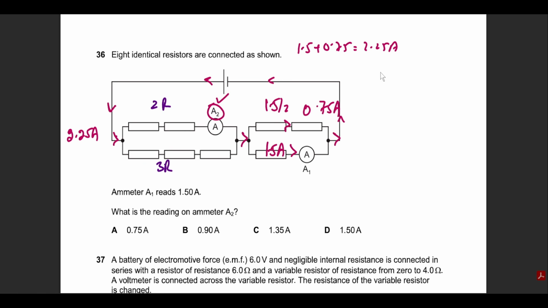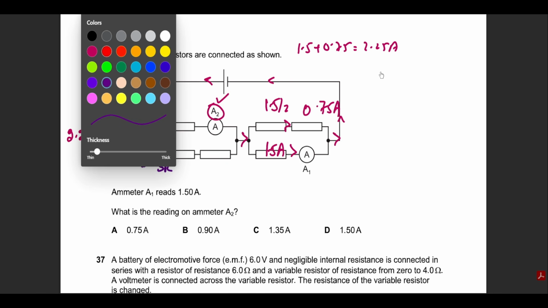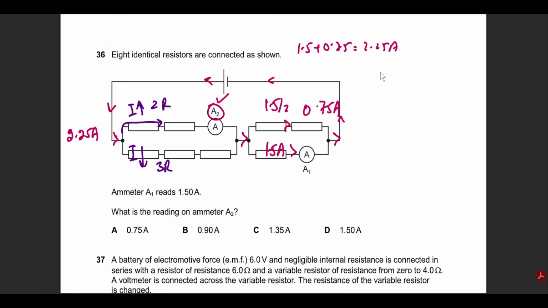I understand that this branch should have a higher current, and this branch should have a smaller current. The way we use the potential divider rule is based on voltages, on potential differences.